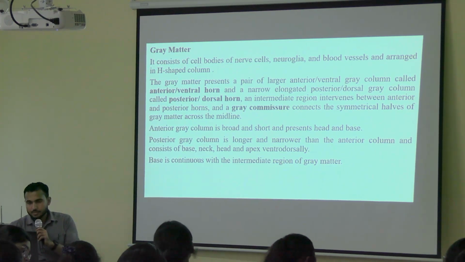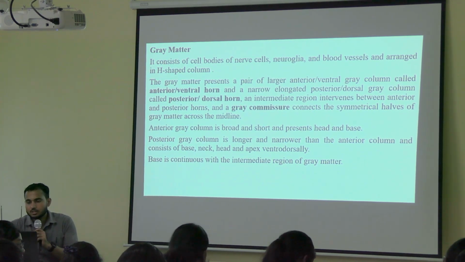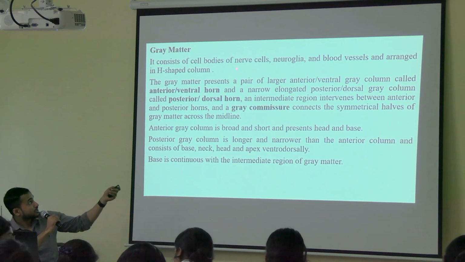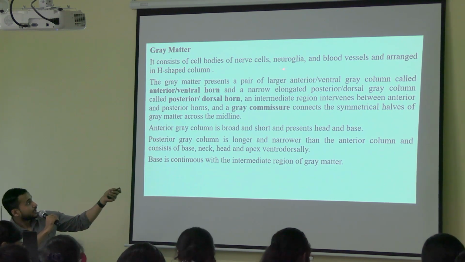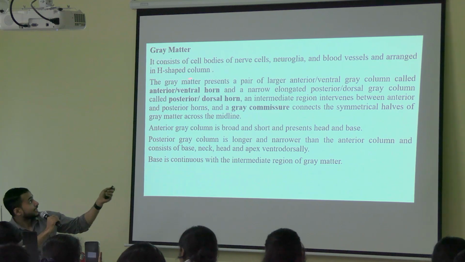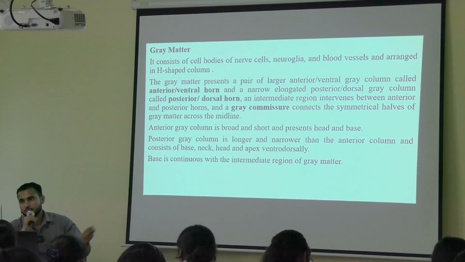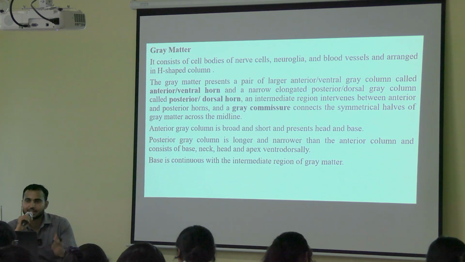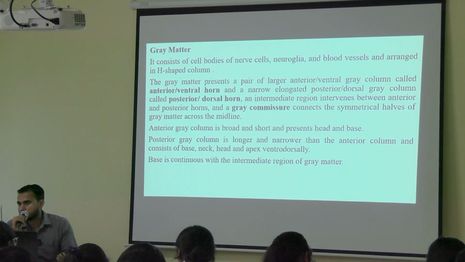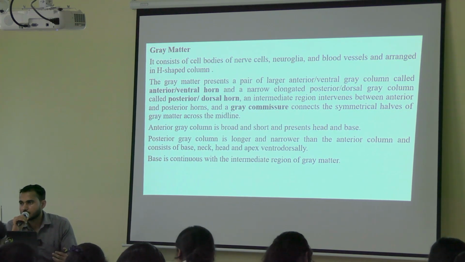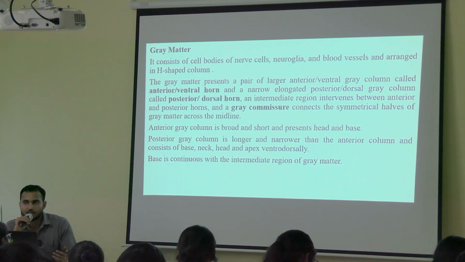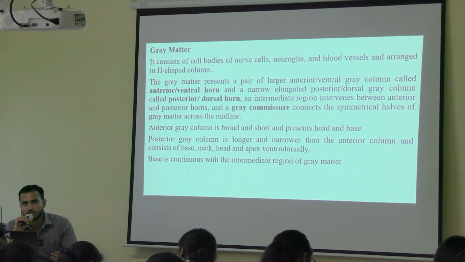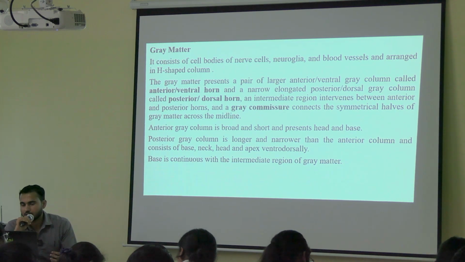Okay, now in gray matter, first of all, what is present in the gray matter? It consists of nerve cells, okay, neuroglia and blood vessels, and arranged in H-shaped column. Okay, so along with the nerve cell bodies, other types of cells are also there. Those are called neuroglia cells, glial cells or supporting cells, and blood vessels are also present. That means whenever you will be taking a section, you can get some blood vessels.